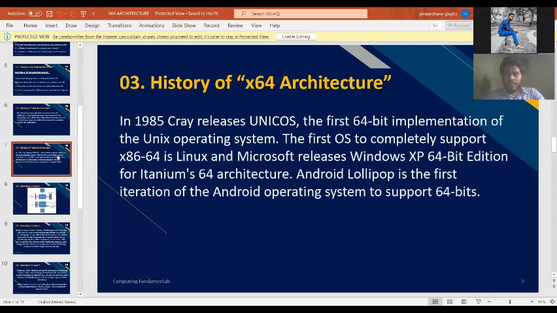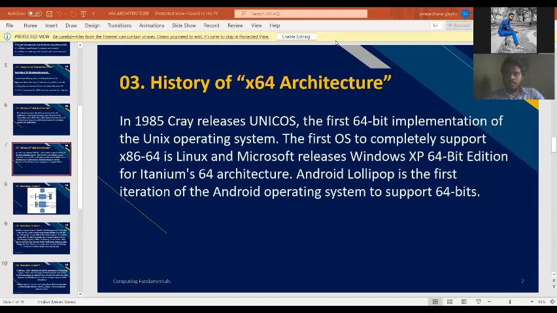In 1985, Cray released UNICOS, the first 64-bit implementation of the Unix operating system. Cray Inc. was an American computer manufacturer, active from 1972 to 1995. The first OS to completely support 64-bit is Linux, and Microsoft released Windows XP 64-bit Edition for Itanium 64-bit architecture.